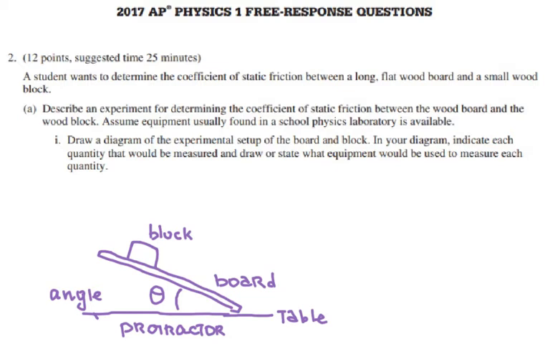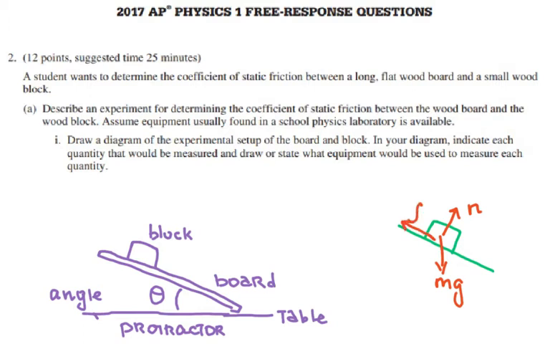And then for your own work, I would write this. So here is the board, here is the block, and I'm gonna write the forces acting on the block. So I have the force of gravity, so here is mg. Then I have the normal force present, and then there is gonna be the static friction.